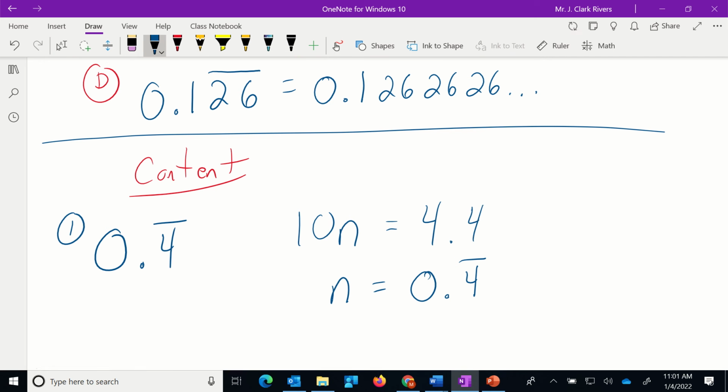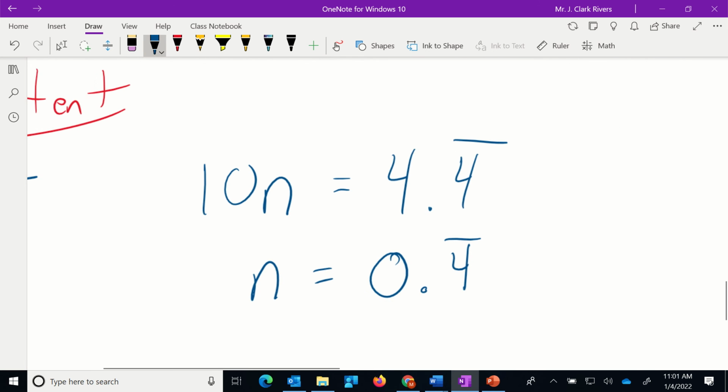It's going to be 4. Because remember, this is 4, 4, 4, 4, 4, 4, 4 forever, right? And so when you slide that decimal 1 spot to the right, what's going to be right behind that 4 here? It's just another 4. And it's going to go on forever.